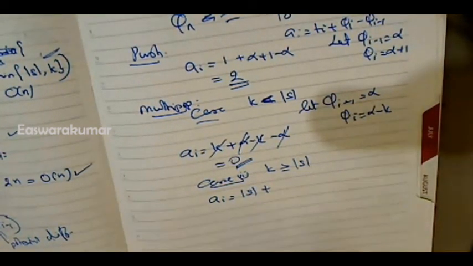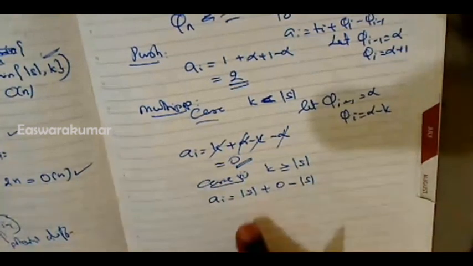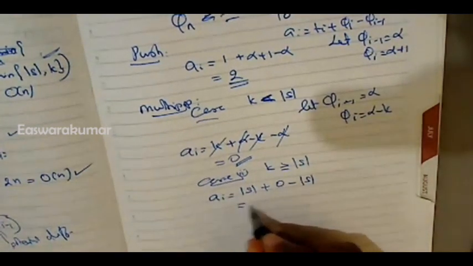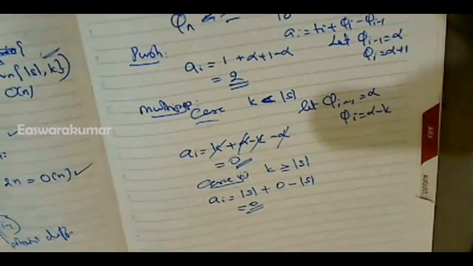After removing all the elements, 0 elements are there. And pi i minus 1 is the number of elements already in the stack, so cardinality of S minus cardinality of S equals 0. Once again we get 0 rupees, as in the accounting method.